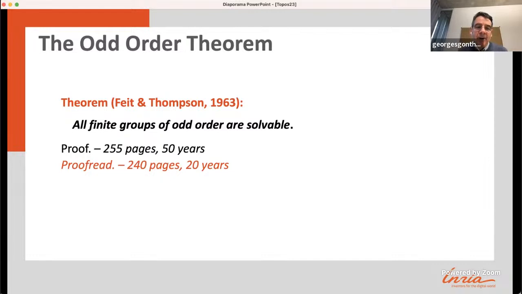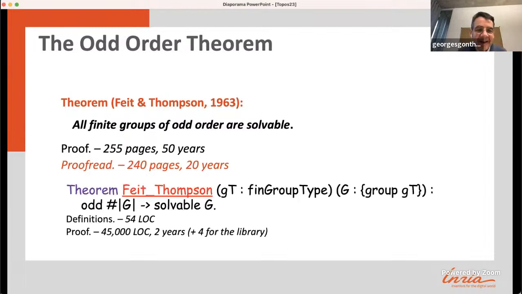And it took about 20 years to actually proofread the original proof and get all the kinks and bugs out. So there was a revised proof that was published 20 years later. The revised proof improves a number of things, but also spells some things out in a little more detail. So the upshot is that it's about the same length.